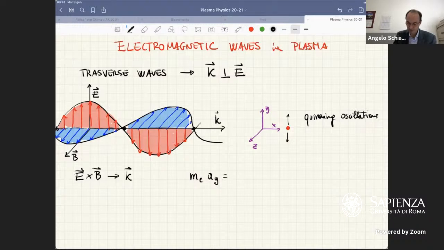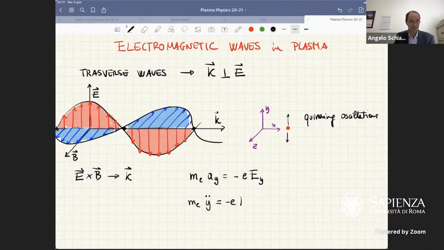It is equal to minus e, the electric field along the y direction. And this becomes the mass of the electron times the acceleration, the second derivative with respect to time of the position along y, equals minus e Ey.